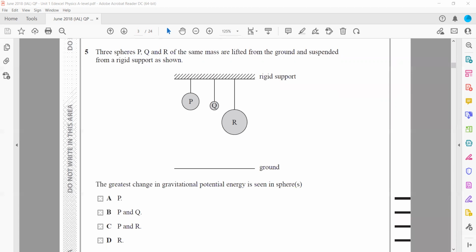Basically, the one which is raised to a greater height, where the change in the center of mass is greater, will have the greatest potential energy. So if I draw the same size P, Q, and then R.